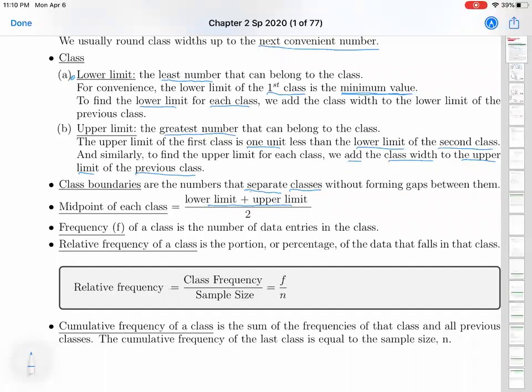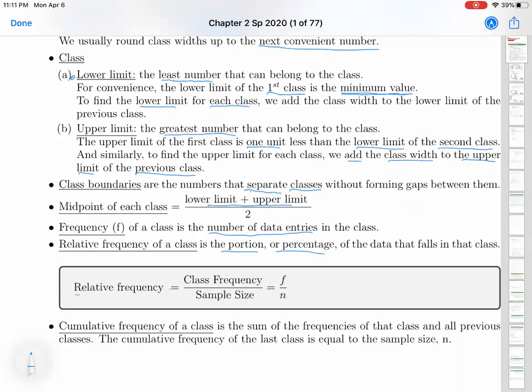The frequency of each class is the number of data entries in that class. Relative frequency of a class is the portion or the percentage of the data that falls in the class.